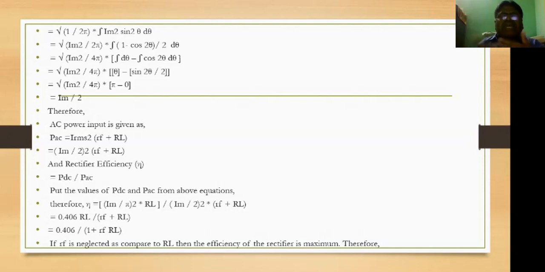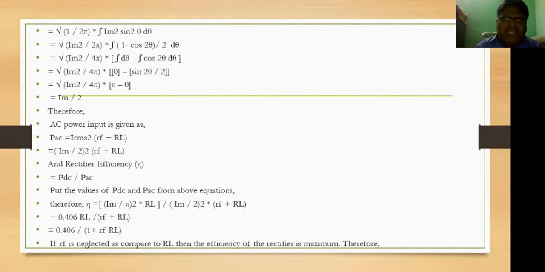That gives the efficiency of the half-wave rectifier. The efficiency is always represented with the letter eta. Please remember that formula: efficiency eta equals DC output power by AC input power.